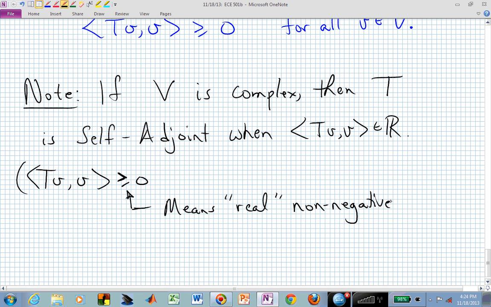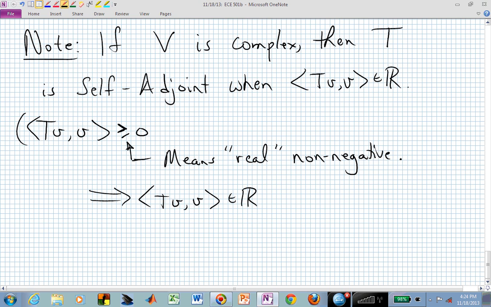That's the notation that's being used by the book. So this inner product of Tv with v greater than or equal to 0 means it's real and non-negative. And if it's real and non-negative, that means that <Tv, v> is real.